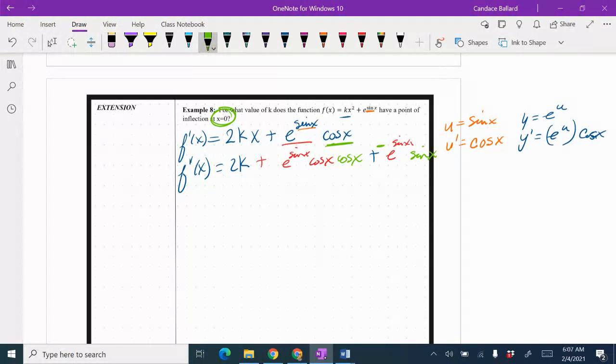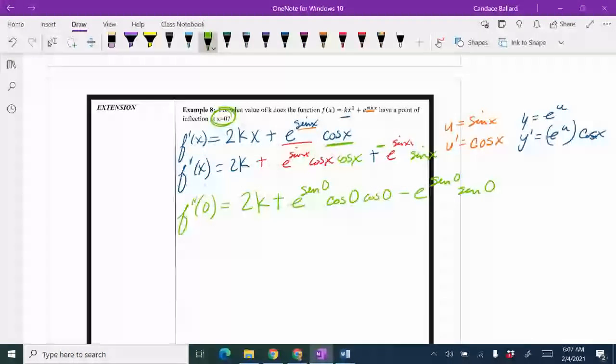I'm going to find where f double prime of 0 equals 2k plus e to the sine of 0, cosine of 0, minus e to the sine of 0, sine of 0. And then we know that to get the point of inflection, that has to be equal to 0. So that's how we're going to solve for k.